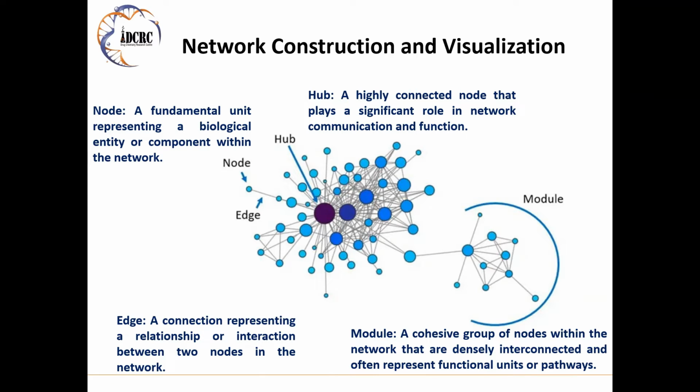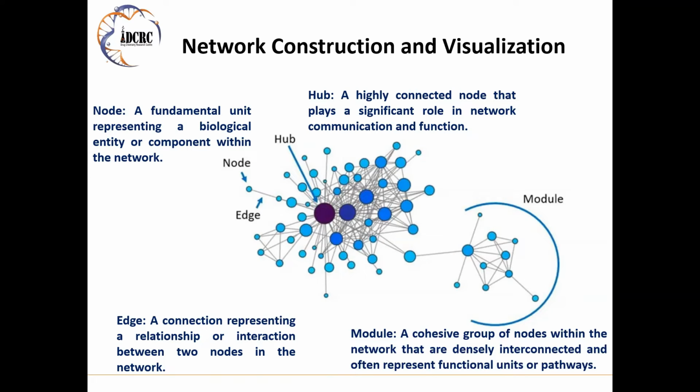When we identify with different methodologies that a particular part of the network is important for a particular biological function, for example a set of proteins involved in the AKT pathway or the cancer pathway, we say that this is a module responsible for anti-cancer activity. These functional units are known as modules. So I hope it is clear what a node is.